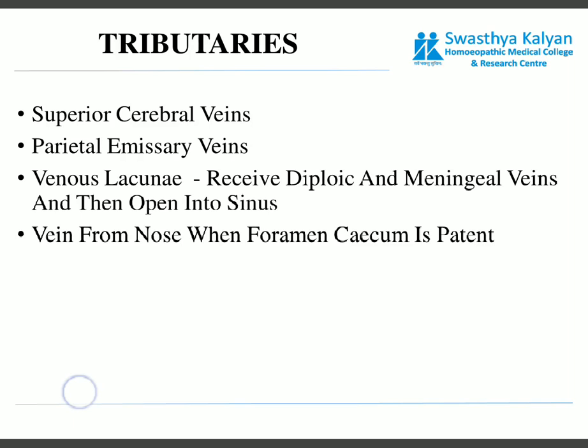These are lateral pouches of the superior sagittal sinus. First these pouches receive the diploic and meningeal veins, and then they open into the superior sagittal sinus. And if the foramen cecum is patent, tributaries are also received from the nose.